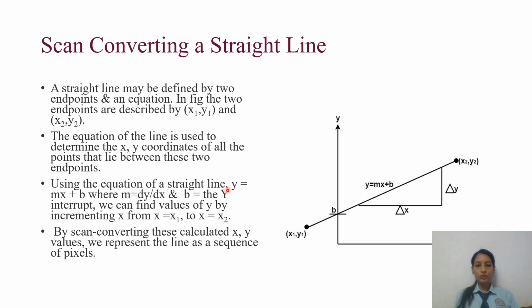Using the equation of a straight line, y equals mx plus b, where m is dy upon dx and b is the y intercept, we can find the values of y by incrementing x from x1 to x2. By scan converting these calculated xy values, we represent a line as a sequence of pixels.